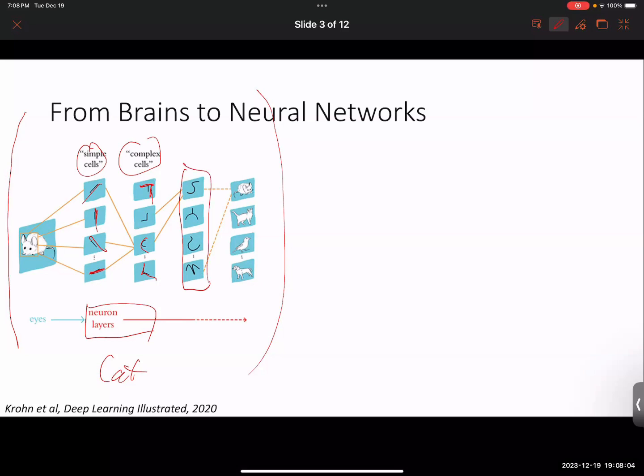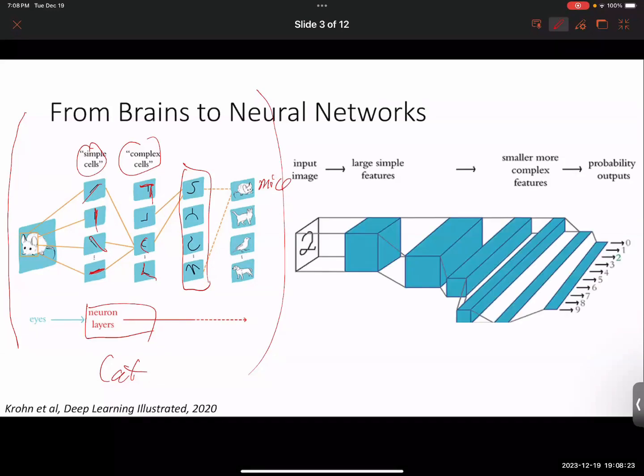And finally, we can tell, oh, this is a mice, but it's not a cat, bird, or dog. So this is how we think the animal brain, including our own, works. But how do we convert this into a neural network? This is how we convert it.